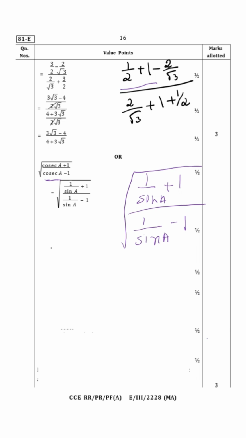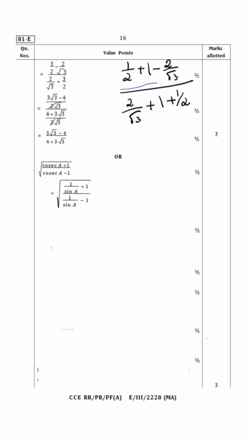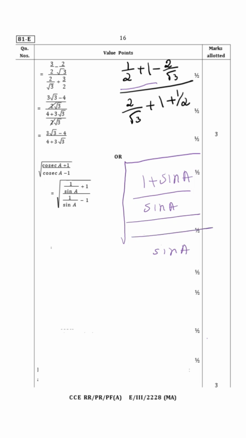So now what next? What can we do? Observe. In the numerator, the LCM is sin A, isn't it? So you have square root of (1 plus sin A) upon sin A. In the denominator, sin A is the LCM: (1 minus sin A) upon sin A. Here sin A in the numerator and denominator get cancelled.